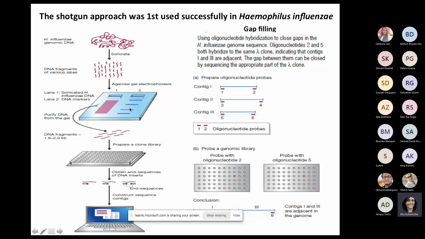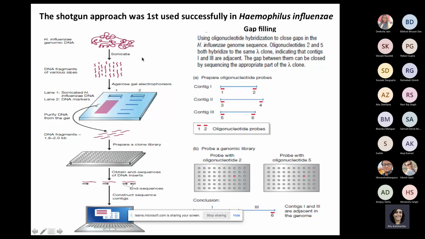And why you need to run it on a gel, and why you have to optimize the method of sonication, or even if you're using enzymes, is because you need to clone them into a particular vector, and each vector has its particular cloning capacity.